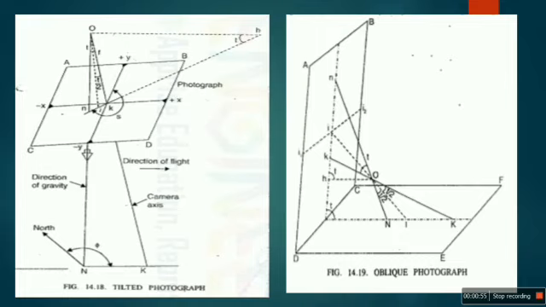Similarly, principal plane. Principal plane is the plane defined by the lens, the ground nadir point and the principal point produced on the ground. This is our principal point.